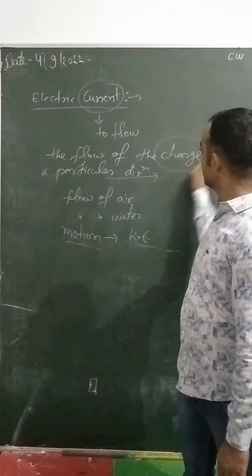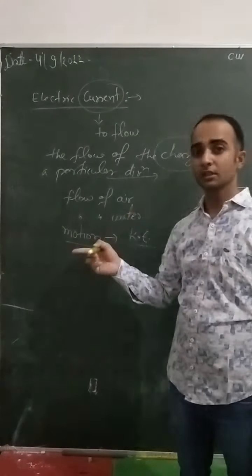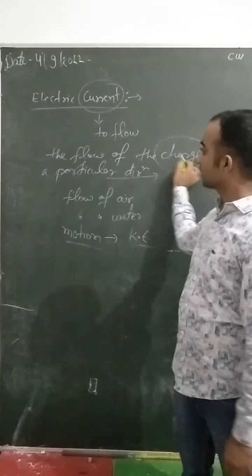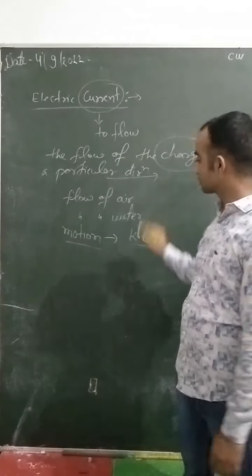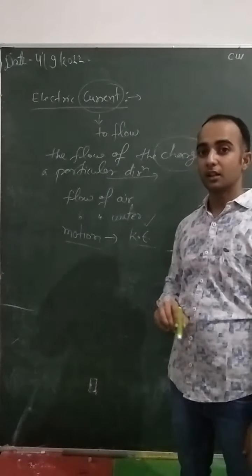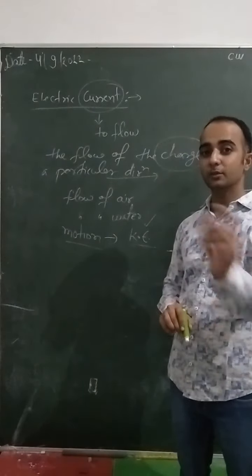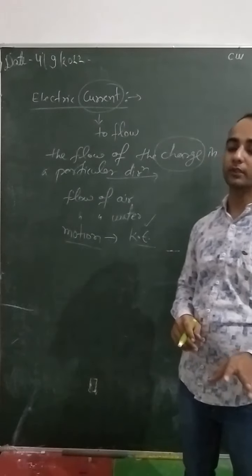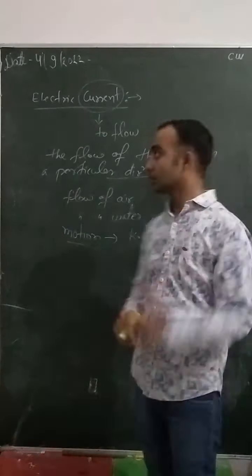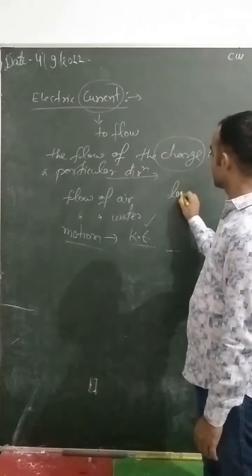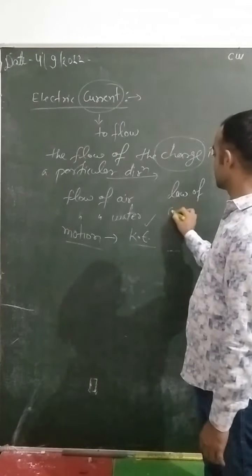Here charge is in motion, so it will also possess some kinetic energy, and that kinetic energy can be converted into another form of energy according to the law of conservation of energy.